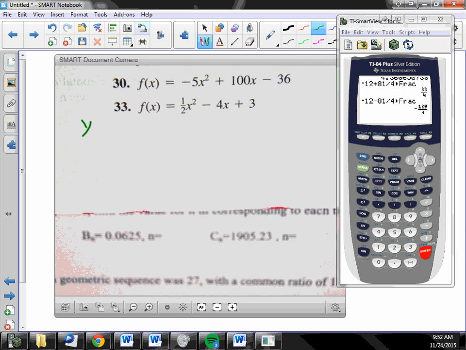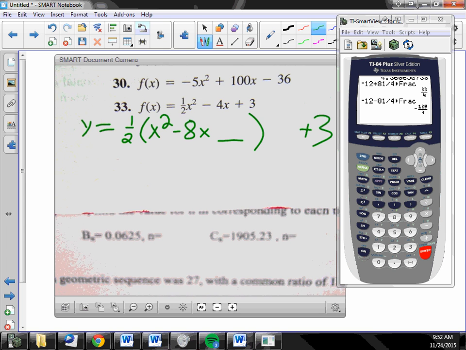So y equals, I'm going to pull out 1/2. How do you take a 1/2 out of negative 4? Well, what times 1/2 is negative 4? Negative 8. So it's actually x squared minus 8x, leave a space, plus 3.